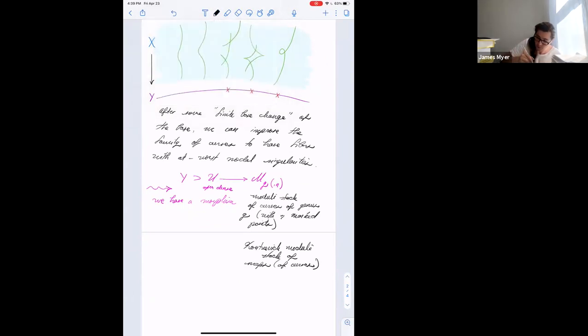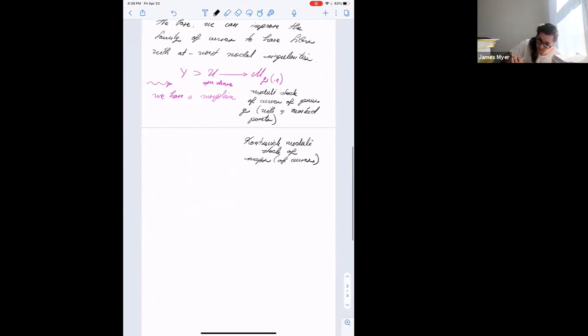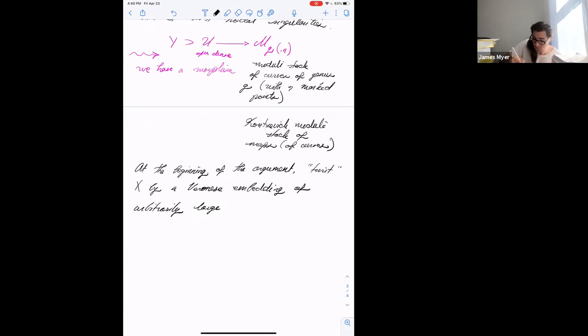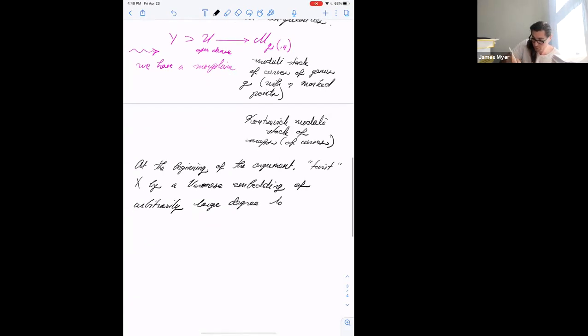So let me say that. At the beginning of the argument, twist X by a Veronese embedding of arbitrarily large degree, to make the fibers have arbitrarily large genus.